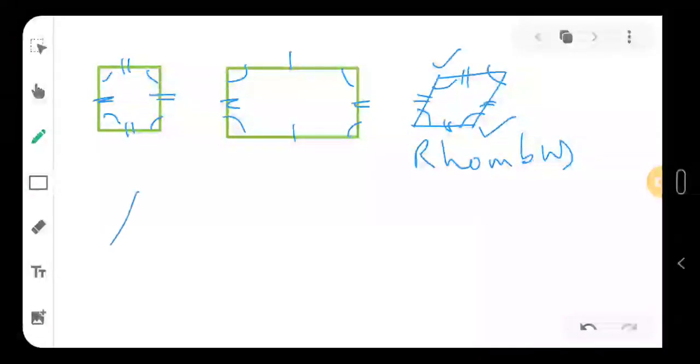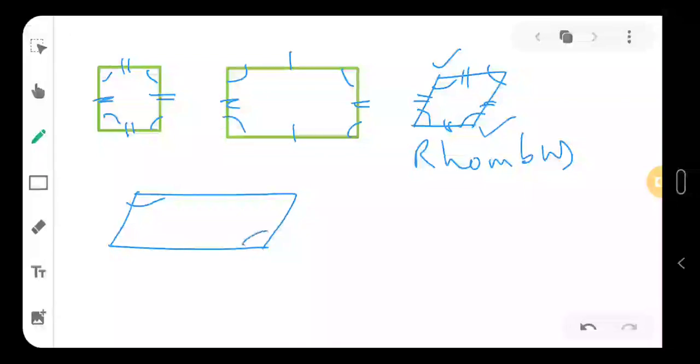Similarly, we have something which is called a parallelogram. A parallelogram is something like a rectangle, but the angles are not 90 degrees. In this case also, the opposite angles are same and the opposite sides are same. Then we have something which is called a trapezoid.